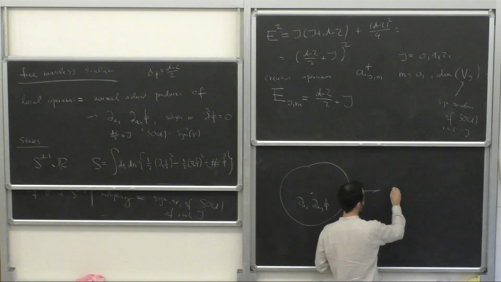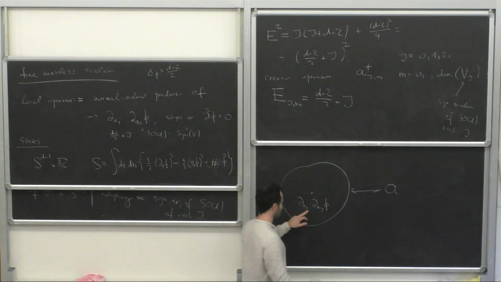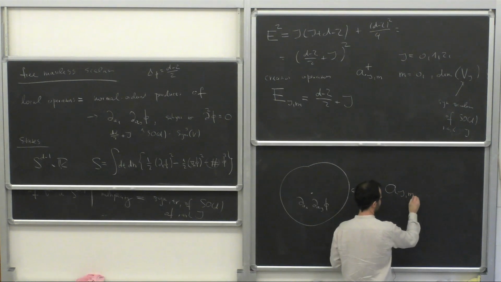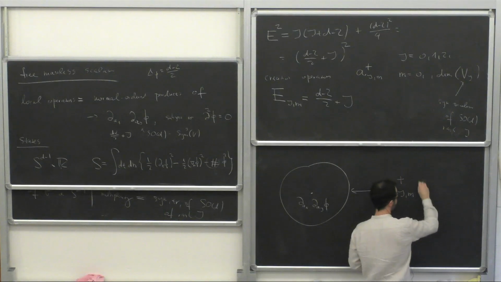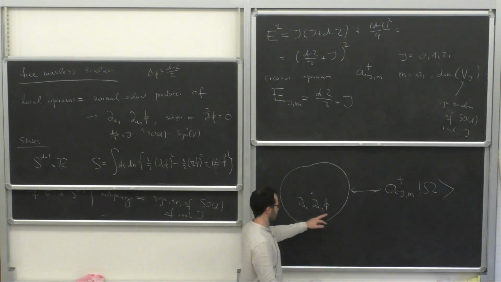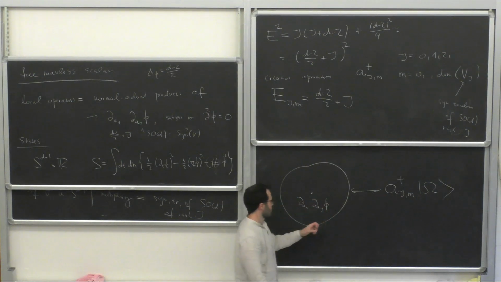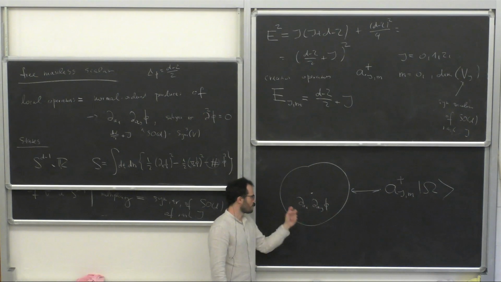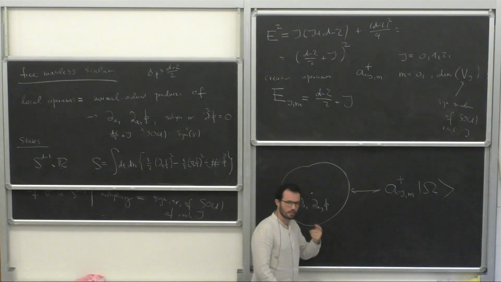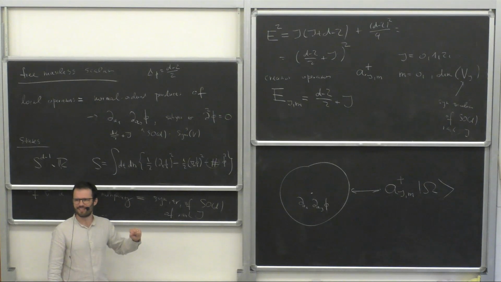Well, it is the state obtained by acting with this creation operator on the vacuum, right? Where this capital J is the same as this j, and the multiplicity exactly reproduces the multiplicity of the derivatives over here, right? Is this clear?